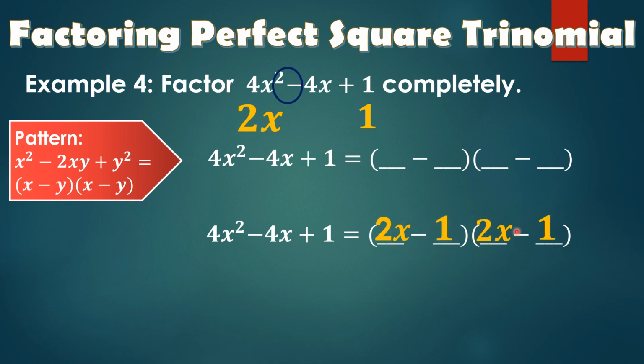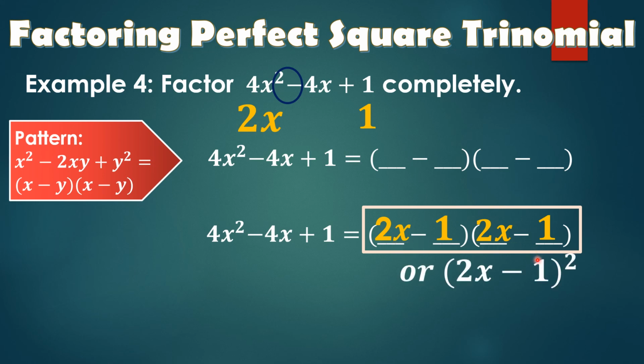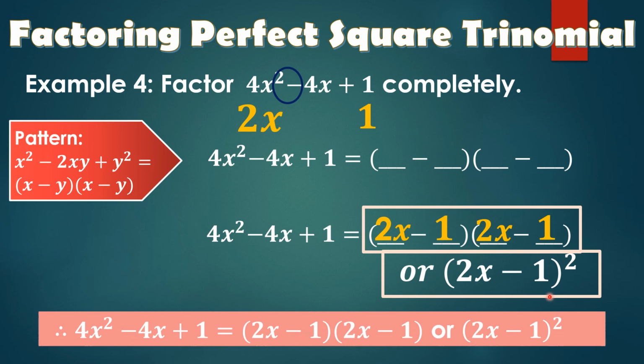And the operation must be minus. So, we have the product of 2x minus 1 and 2x minus 1. Or the square of 2x minus 1. Therefore, the factored form of 4x squared minus 4x plus 1 is the product of 2x minus 1 and 2x minus 1 or the square of 2x minus 1.